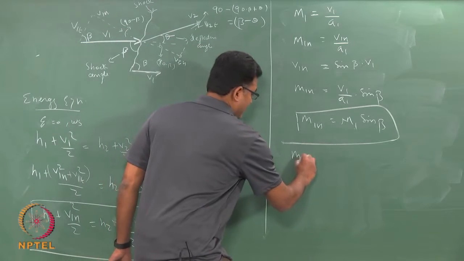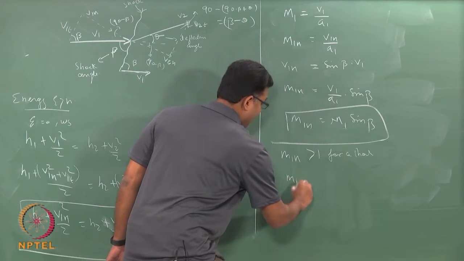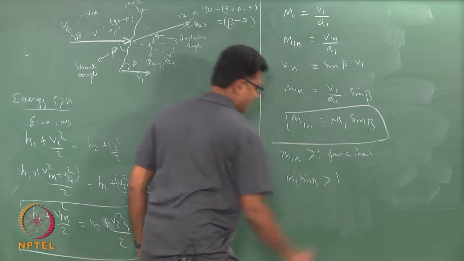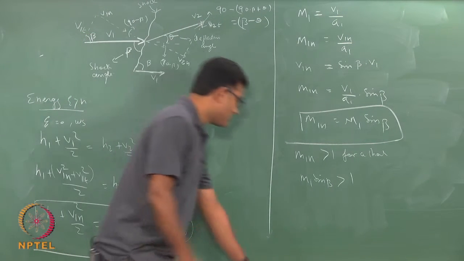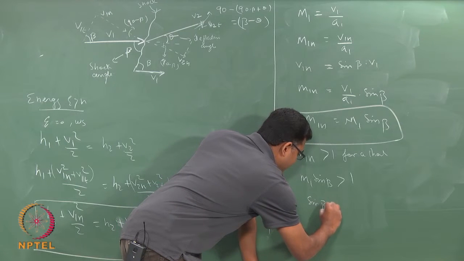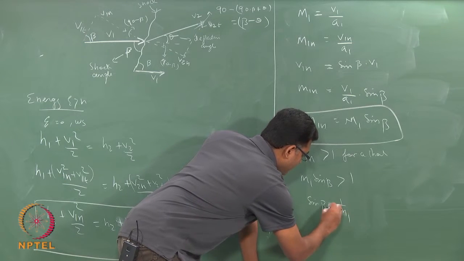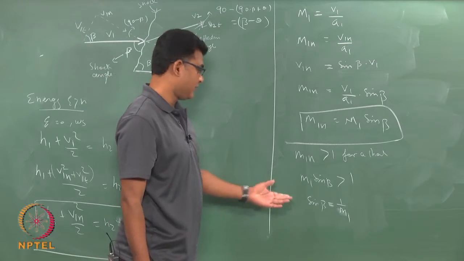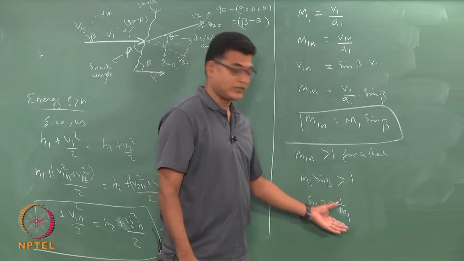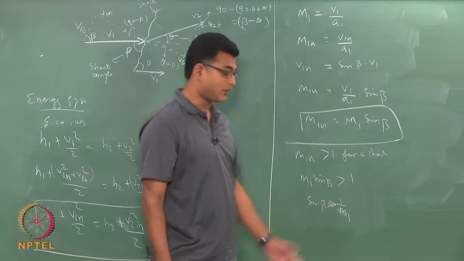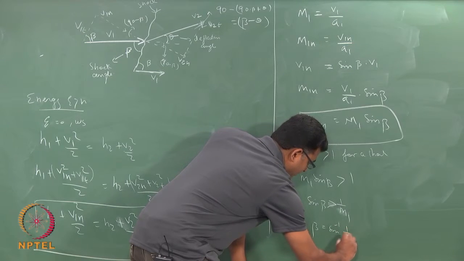So, my M1n should be greater than 1 for a shock, or M1 sin beta should be greater than 1, or your sin beta should be greater than or equal to 1 by M1 to have a shock, which is beta equal to sin inverse 1 by M1.